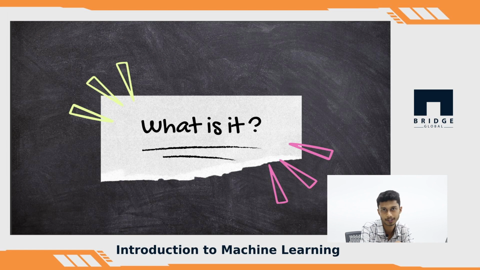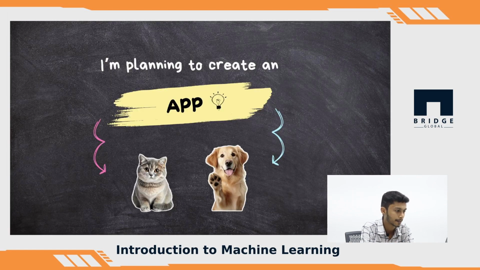What is machine learning all about? Let's start with an example. Suppose I want to create an application, any type of application, a mobile app or a web app, and this application has to detect images.